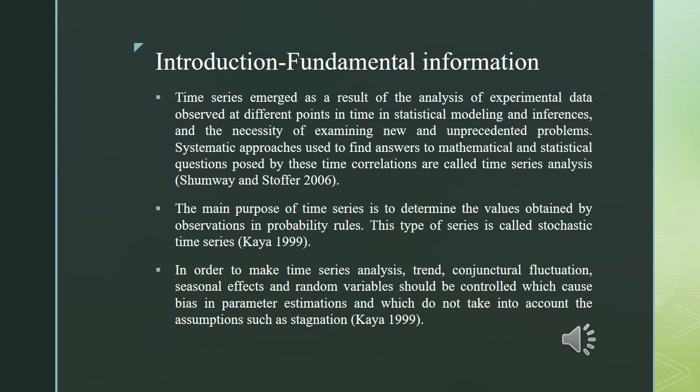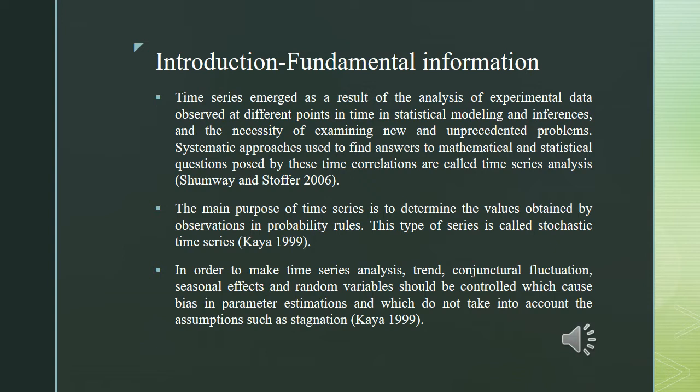Systematic approaches used to find answers to mathematical and statistical questions posed by this time correlation are called time series analysis. The main purpose of time series is to determine the values obtained by observation in probability rules.